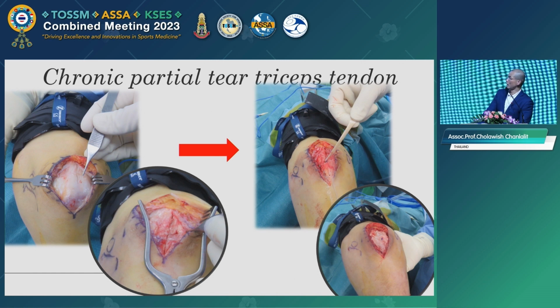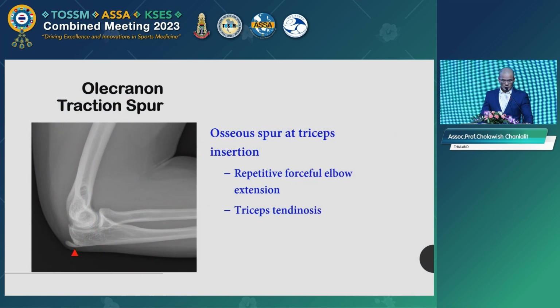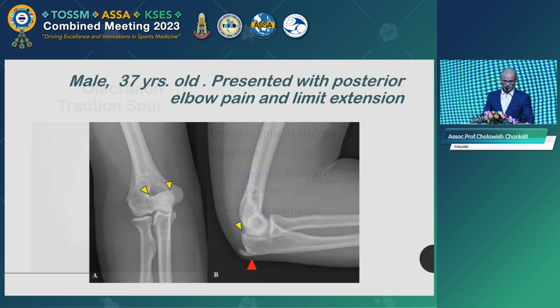So at that time, I reconstructed the triceps with a semitendinosus allograft, and also patched it with the membrane of the allograft. So an olecranon traction spur forms from repetitive forceful elbow extension, and it can cause triceps tendinosis because it irritates the triceps.